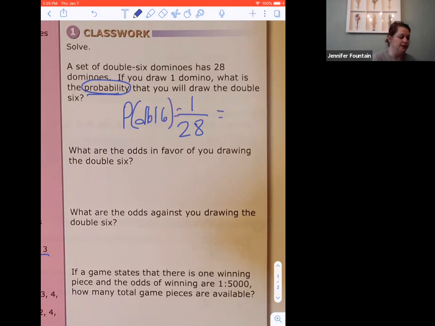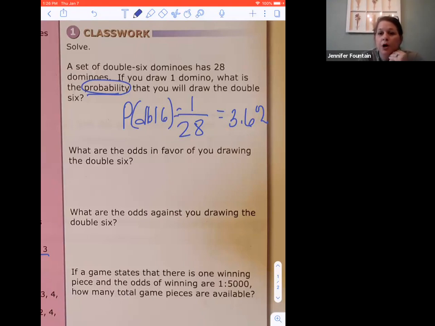Again, like I said, if you want to express it as a decimal, I would just divide 1 divided by 28. And that gives me about a 3.6% chance. Now, one of the things I want to mention, as you guys are working now, since we're in the second half of our year, you are okay to use a calculator.